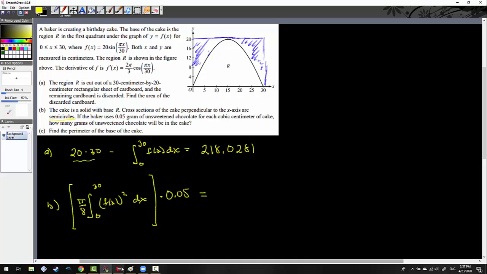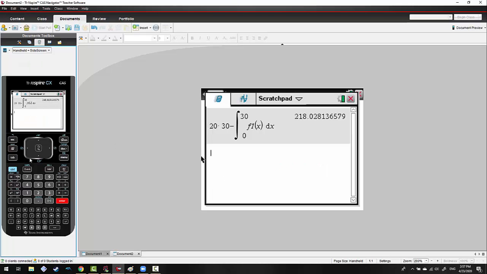So let's go and find that out. Let's go ahead and do pi over 8. And for these, usually I'll explicitly put in the times, otherwise you might end up with a calculation error. 0 to 30 of f1 of x, f1 of x squared dx.